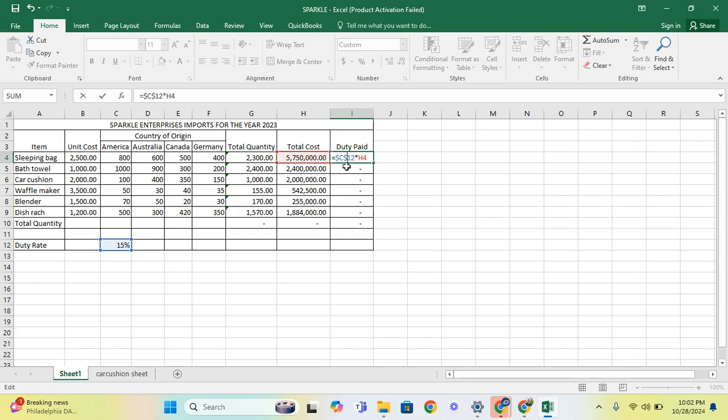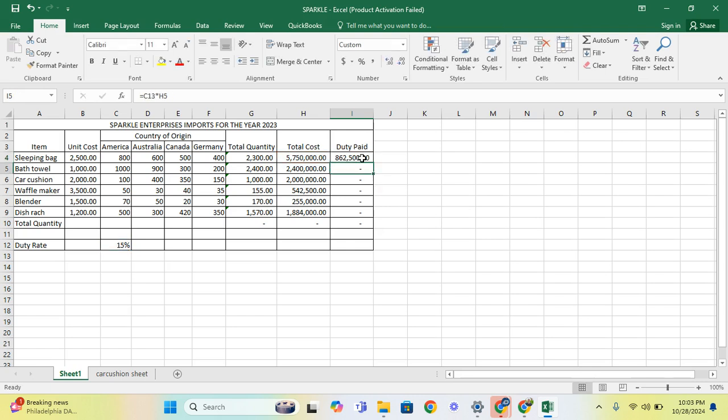When I write a dollar sign before C and after C, I have locked the column because we have the column being identified by the letters, and then also I have locked the row, that is the row number 12, since rows are being identified by the numbers. So when I do that, I just need to click enter.